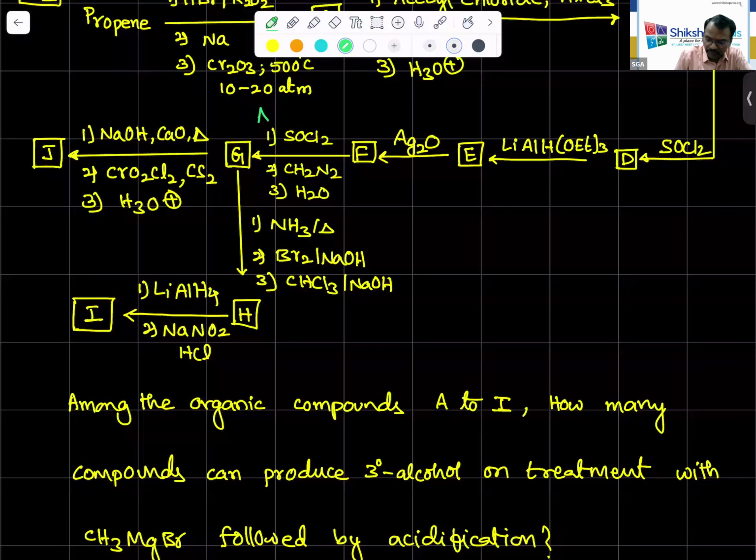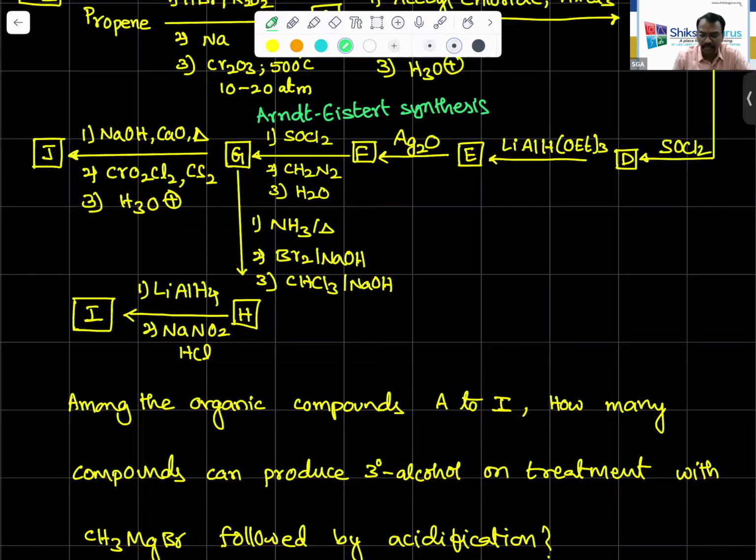It is one of the very famous reactions of carboxylic acids. From F to G, it is the Arndt-Eistert synthesis reaction.